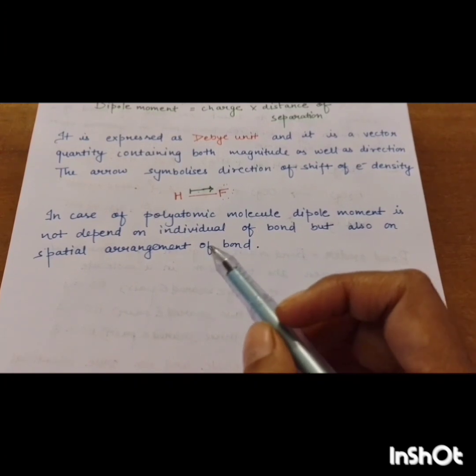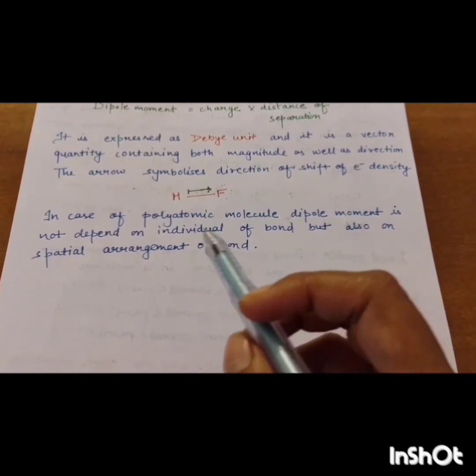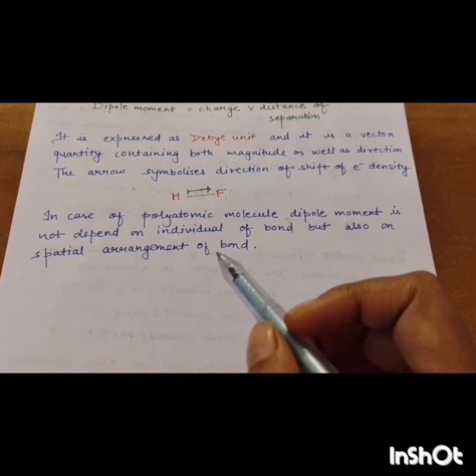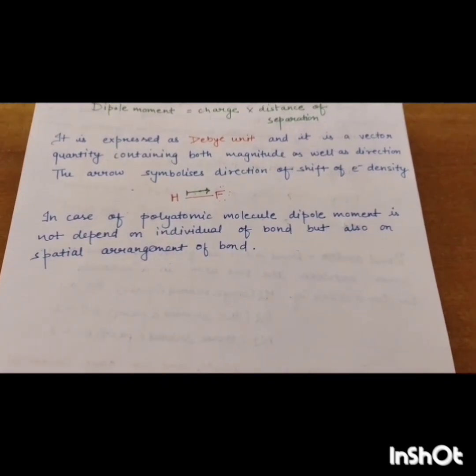So here we calculate it from the arrangement of the various bonds present in the polyatomic molecule. So this is the dipole moment.